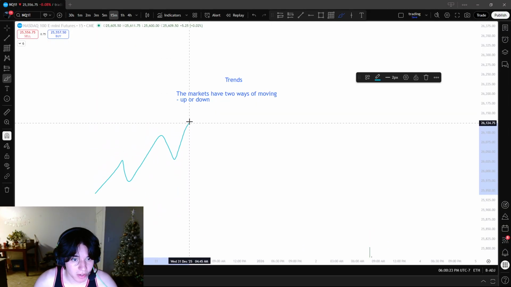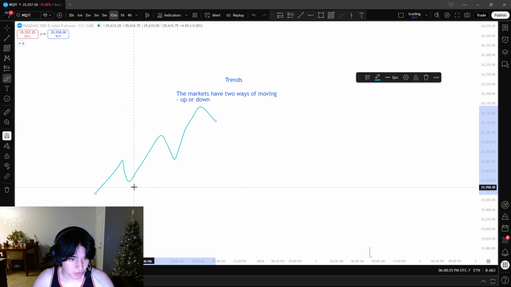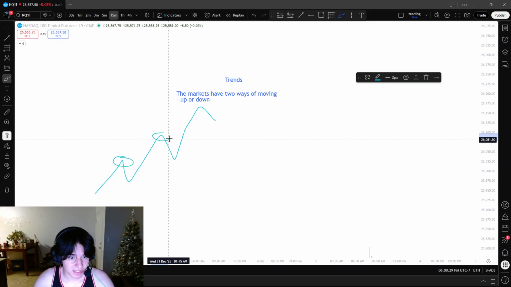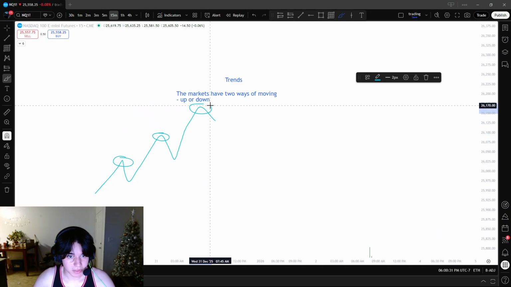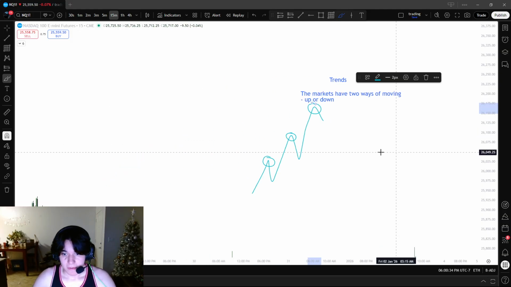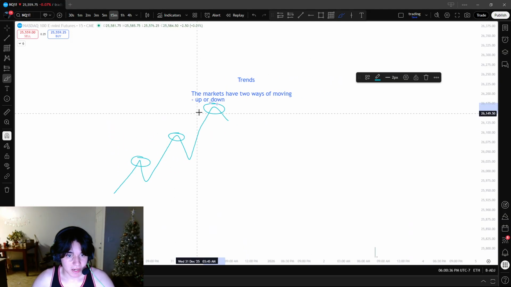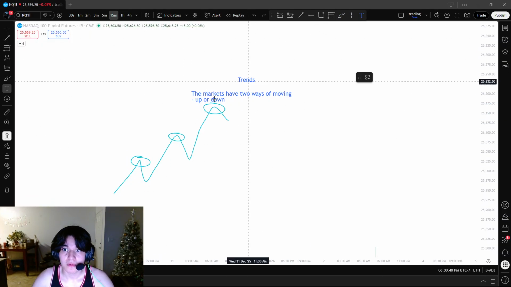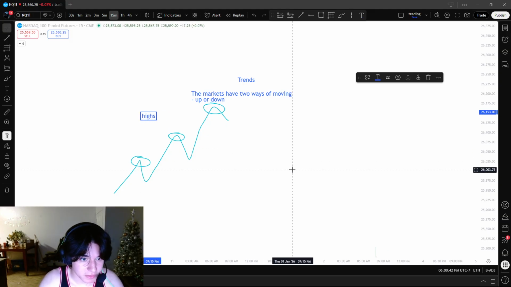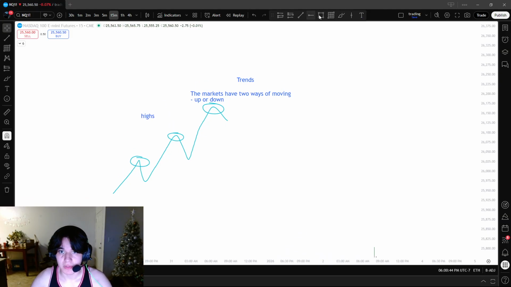How do we spot a high? A high is every time the market peaks, right? It peaks like this. They're all little points. So this is a high, this is a high, this is a high. So we've got highs, and then we've got lows.